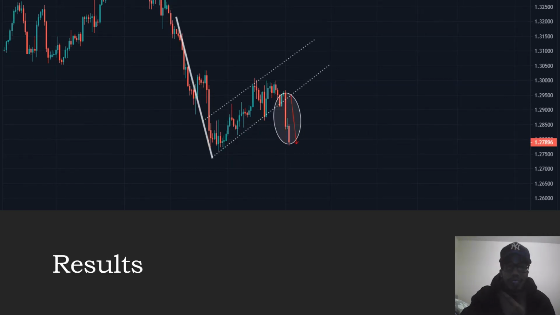And so here's how the result of that would look typically. You do have the down move, you have the consolidation, but then breaks out of the flag, continuing on its original direction.